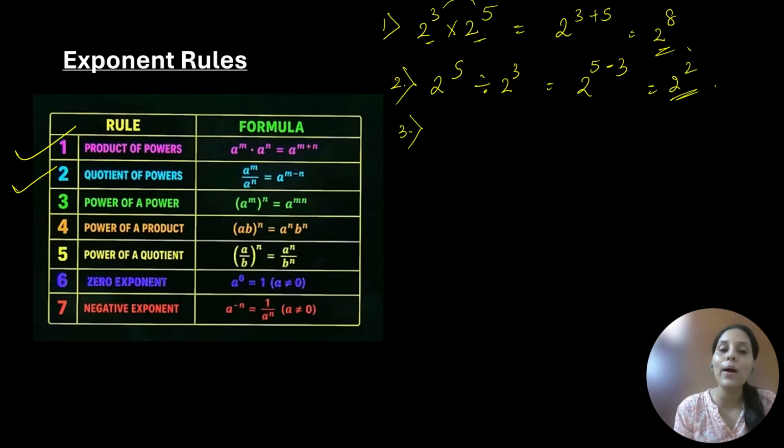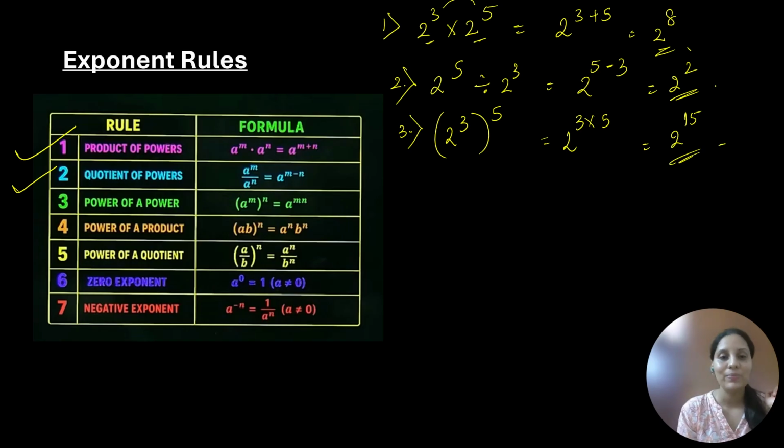That is why the powers are multiplied. So 2 power 3 whole power, let us take a different number, 5. I can have 3, 4, 5, as many powers as I want, but it will still multiply. So 2 power 3 into 5, which is 2 power 15.